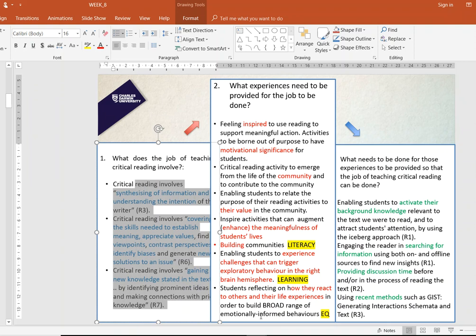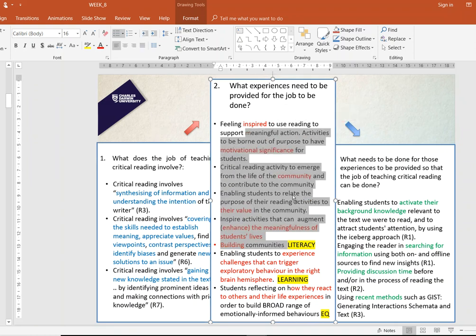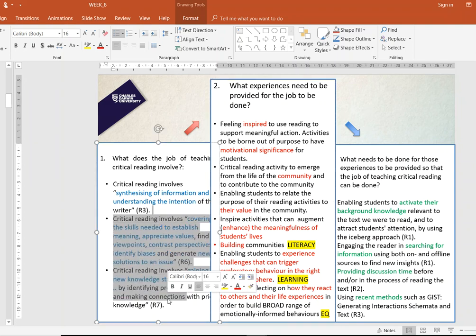Is it addressing all three of them? Or only one of them? Sufficient range of literacy experiences so that your design is actually balanced? So that's the curriculum content.